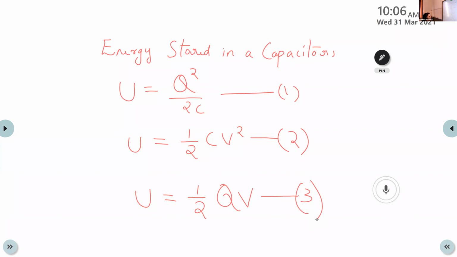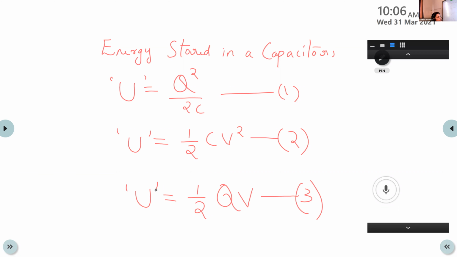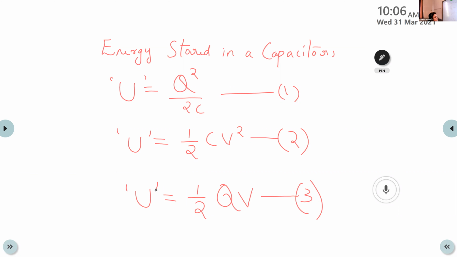So the energy stored in a capacitor can be denoted by the letter U. That is why W is changed to U. Both are the same. Instead of W, we replace it by the term U, which represents the energy stored in a capacitor.